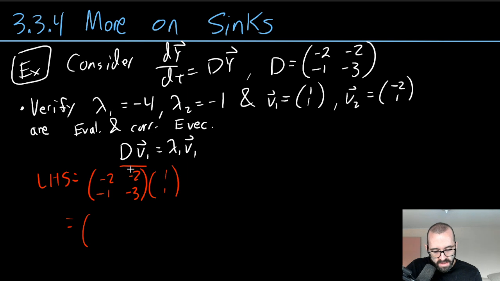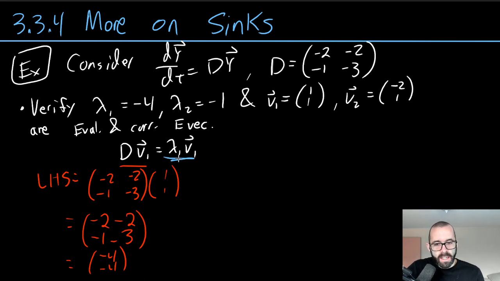And what that equals is -2 times 1 plus -2 times 1. Let's remember our matrix vector multiplication. -1 times 1 plus -3 times 1. That's equal to (-4, -4).